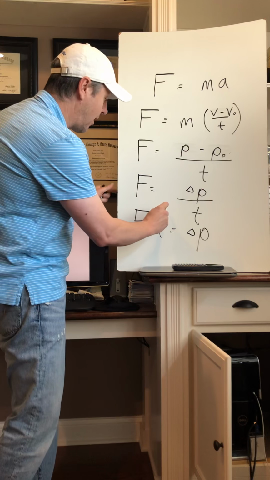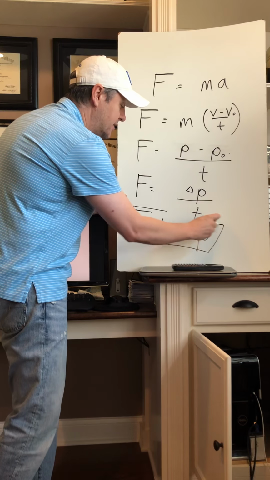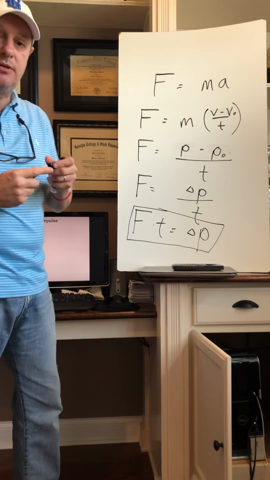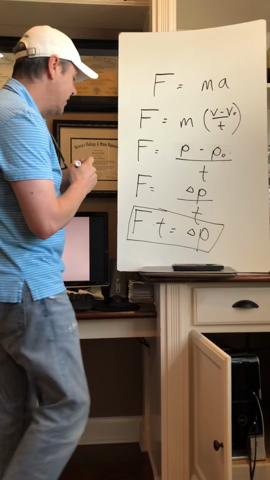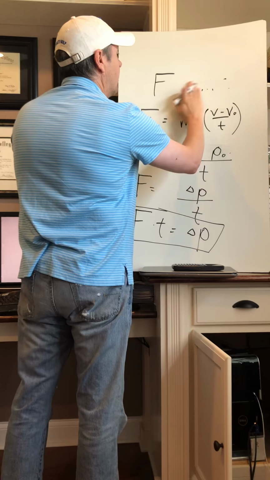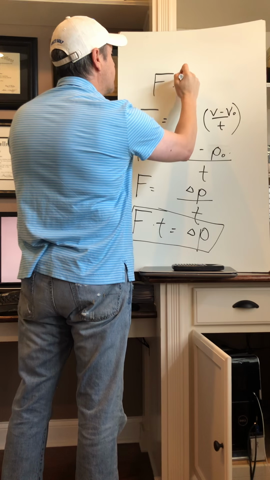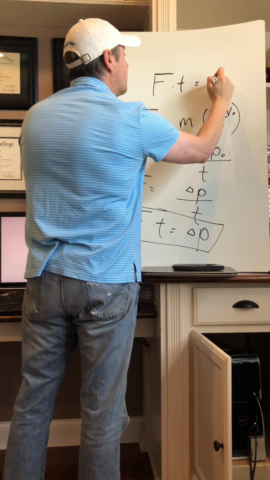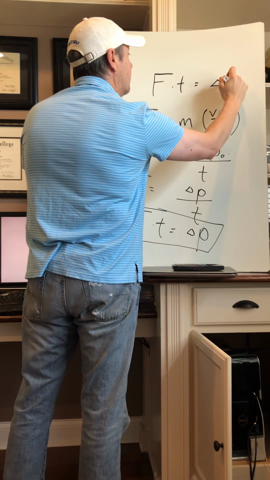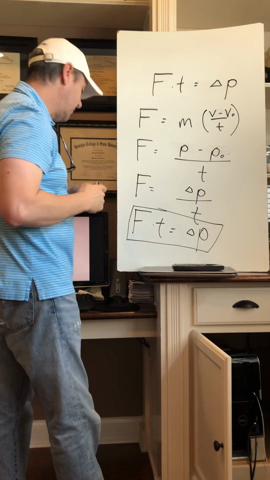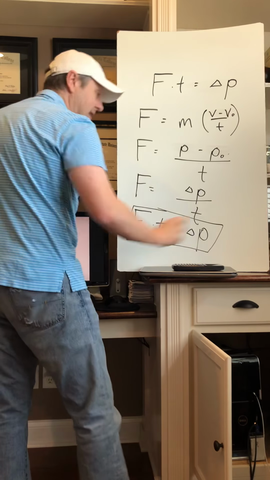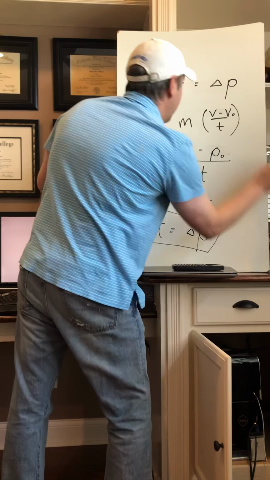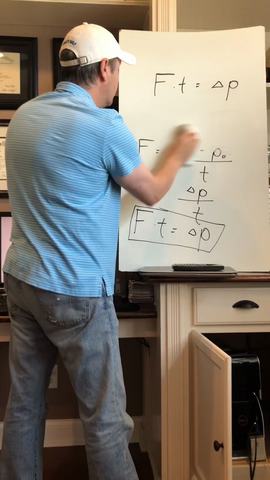This that I just derived right here is called the impulse momentum theorem. So I'll write that at the top. Actually, I'll change this to force times time equals delta P, or change in momentum. As I said, it has an official title.